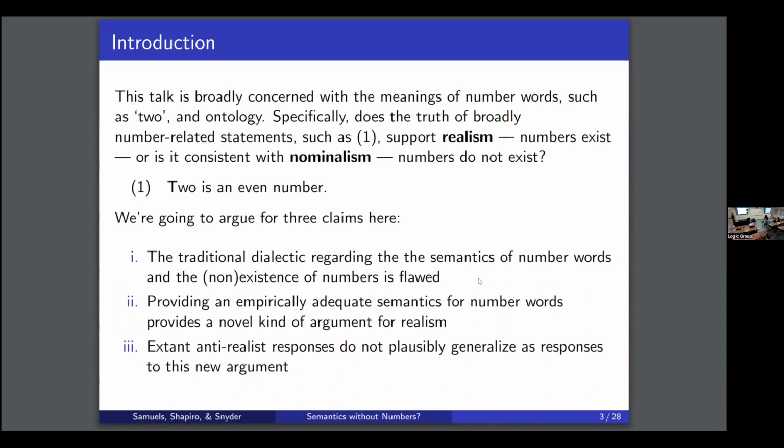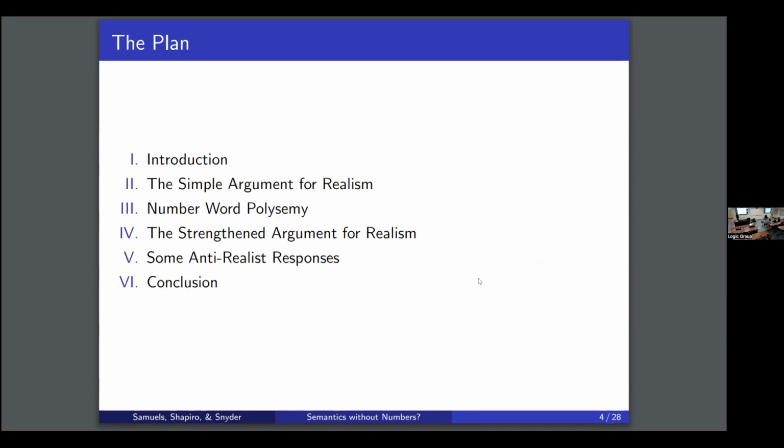And 3, that extant anti-realist responses, that is the standard sorts of responses to the familiar dialectic, do not plausibly generalize to this new kind of argument. So the upshot is going to be that this new argument that we present is a much stronger argument for realism than either realists or anti-realists have traditionally supposed.